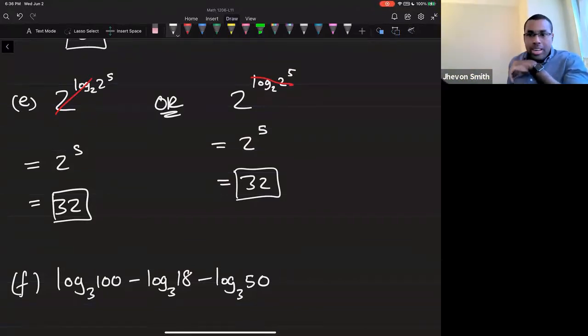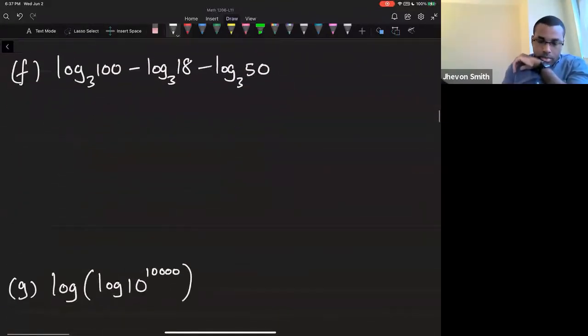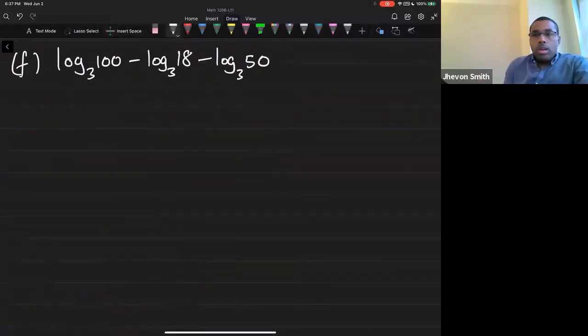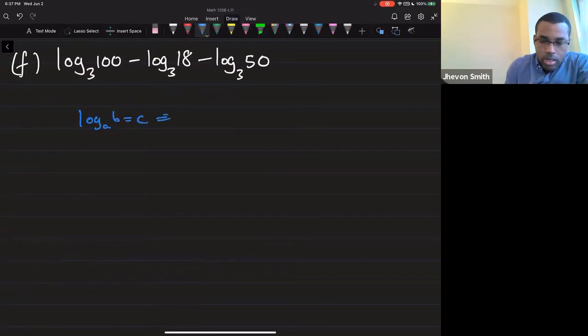So we have a guess in the chat that the answer is 1/9. Let's see. We have laws of logarithms that will allow us to combine them. And remember, log to the base a of b equals c is the same as saying a raised to the c equals b.